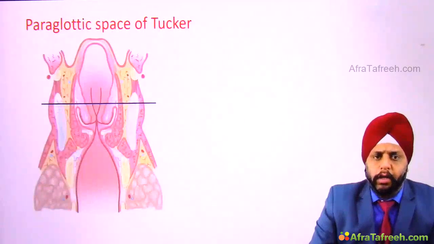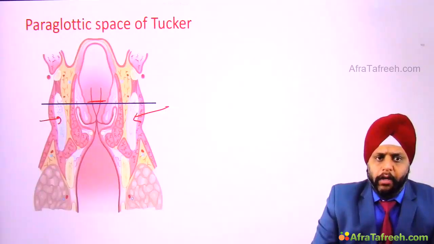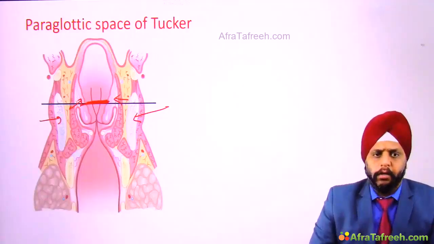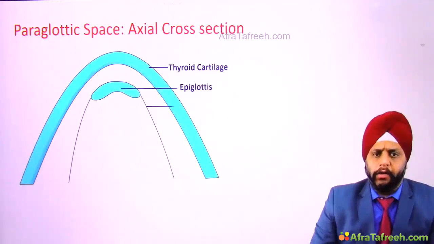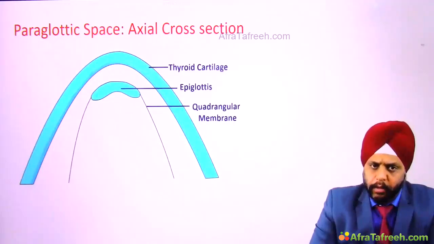We can see that this is the thyroid cartilage on the two sides anterolaterally, and when I have done a cross section, we can see the epiglottis, and then there is a membrane that is known as the quadrangular membrane, right?